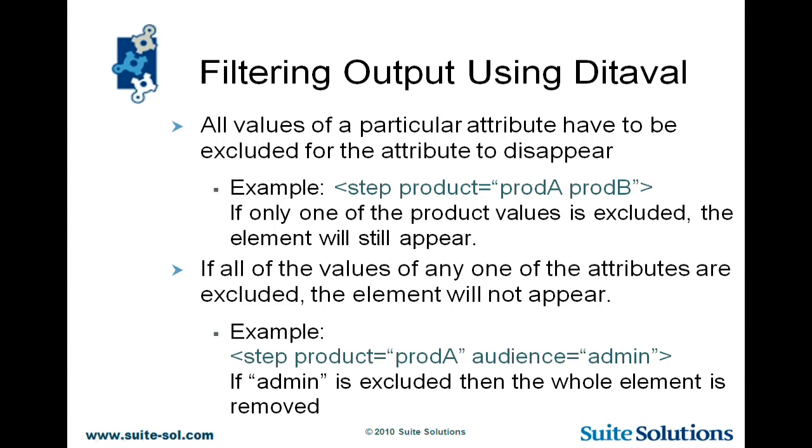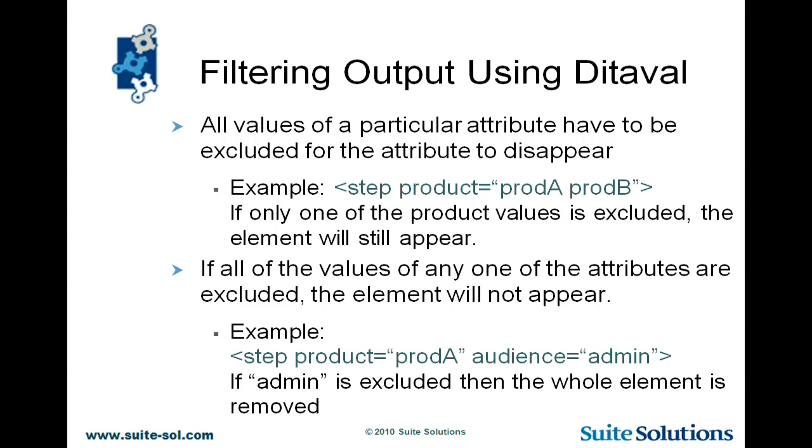If only one of the product values is excluded, the element will still appear. So if we say, don't show me anything that has to do with Hondas, that's very nice. It won't show it to you if it's only a Honda. But if it also has to do with Ford, it'll show you because maybe you want it for Ford. If you don't want it at all, you have to say, don't show me anything for Honda or Ford, if those are the two types of products that this piece of information has to do with.